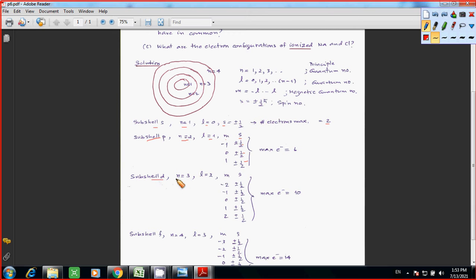Subshell d, n equal to 3, L equal to 0 to n minus 1, or L equal to 2. And that's why you have a maximum of 10 electrons. And you can work on subshell f, n equal to 4, or L equal to 3, so the maximum is going to be 14.